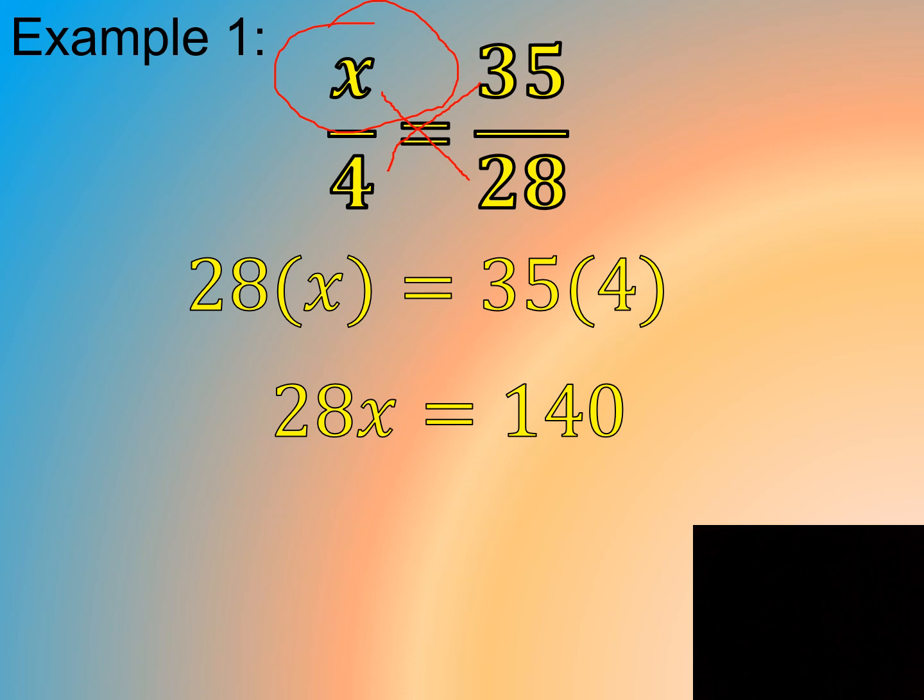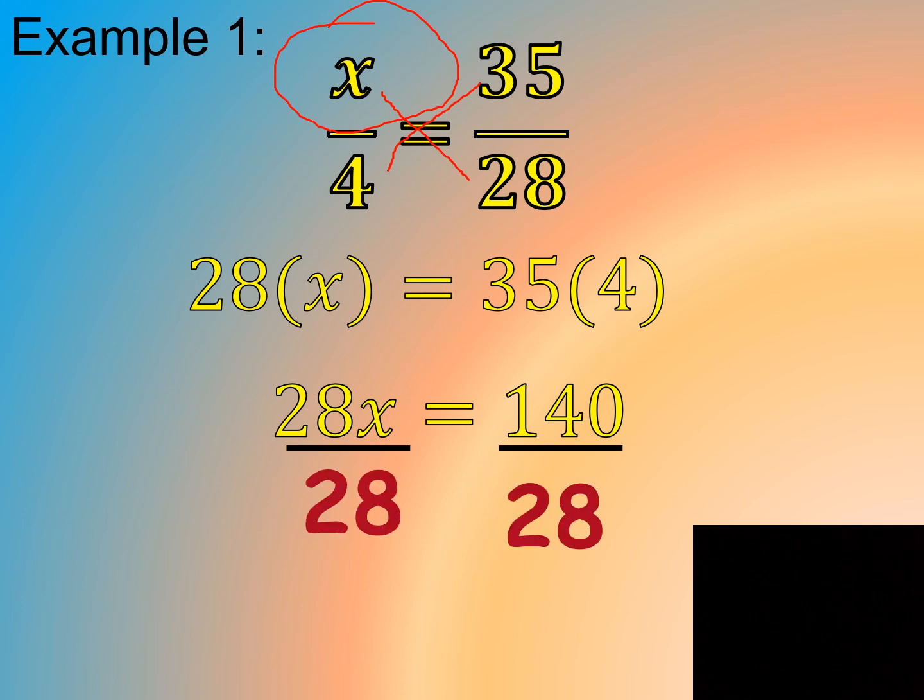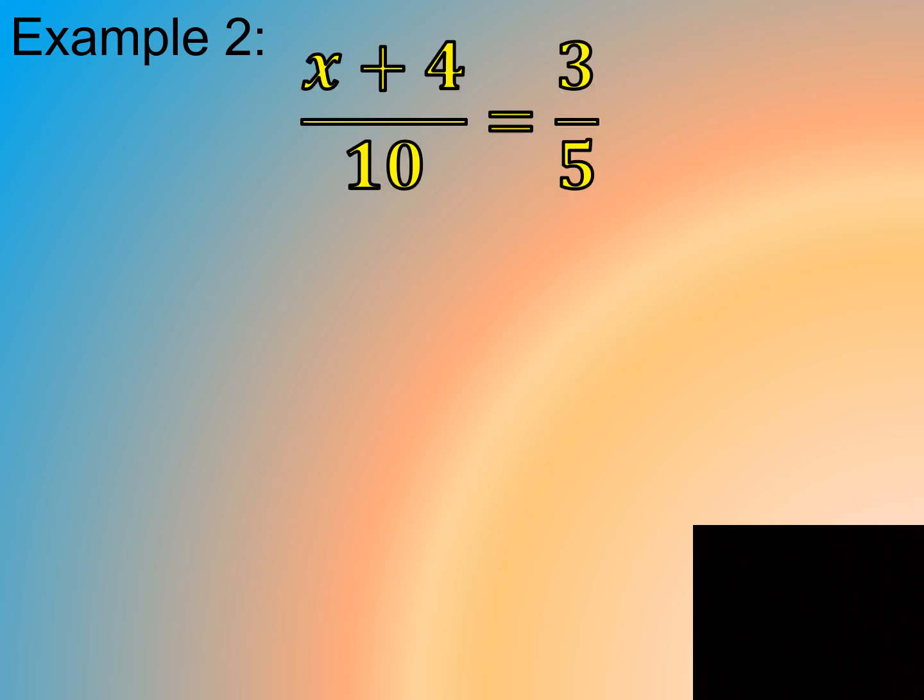Now to remove the numerical coefficient beside x, we divide both sides by 28. x now is equal to 5. For the next example, x plus 4 over 10 is equal to 3 over 5. Again, we cross multiply: x plus 4 times 5, and 3 times 10.